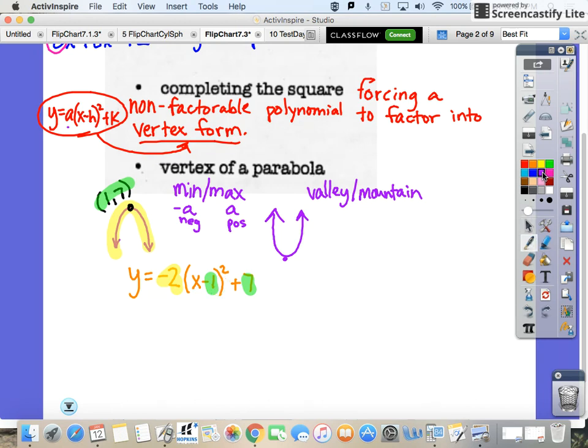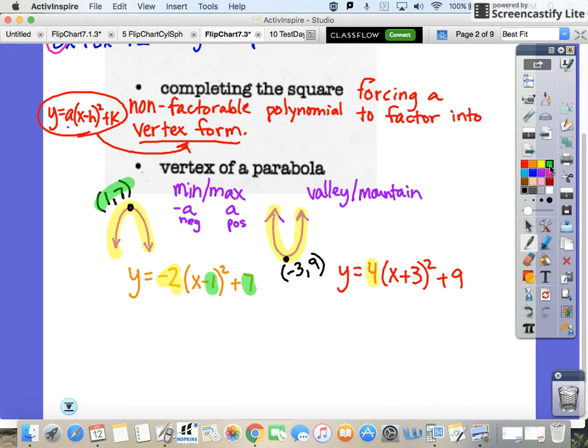Now, on the other hand, if we had the equation like y equals 4 times x plus 3 squared plus 9, for example, because this number is positive, that means we have a positive, smiley face parabola. It opens upward. And our vertex is going to be a minimum, and the vertex is going to be at negative 3, 9.